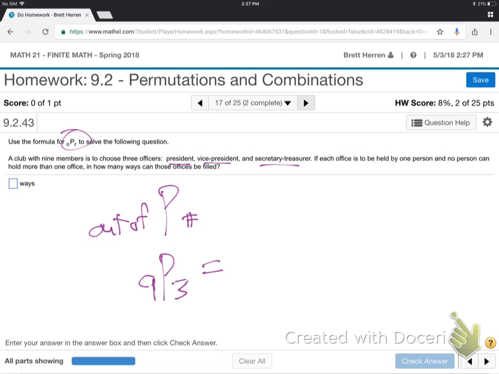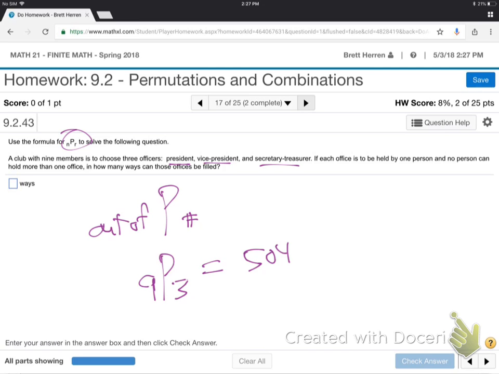Easy, huh? Out of 9 people, pick 3 to be president, vice president, and secretary. 504? 504 different ways to choose who's going to be president, vice president, and secretary.